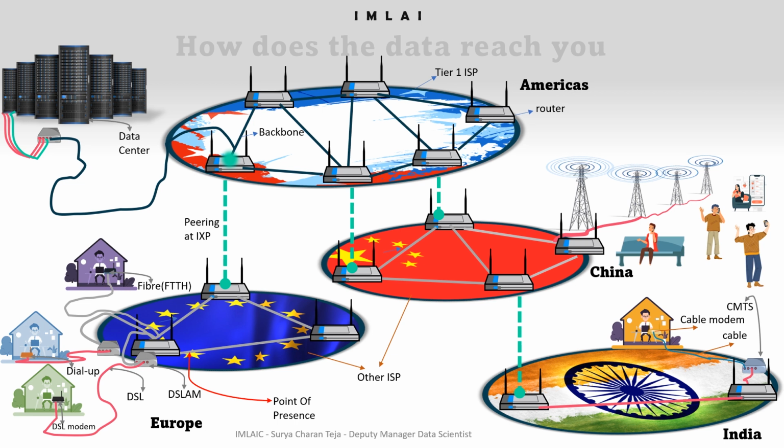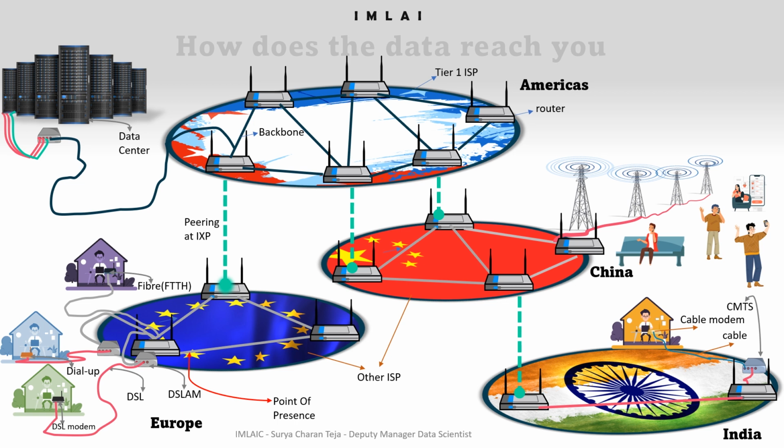Through the peering point it will enter into the subnet of America, of any tier 1 ISP, tier 1 internet service provider. From there there will be one more peering point, one more IXP, internet exchange point, and through that internet exchange point, a router, it will enter into the subnet of Europe.